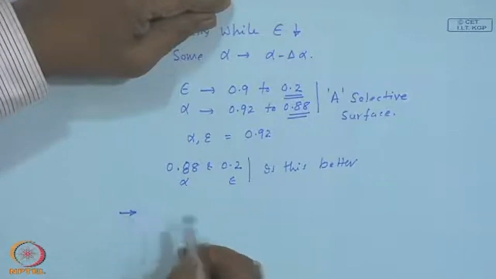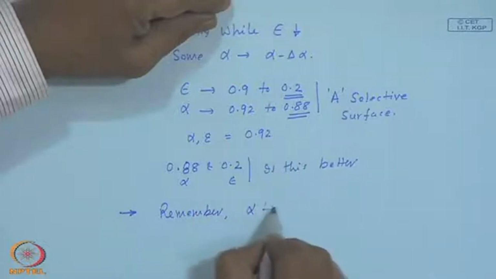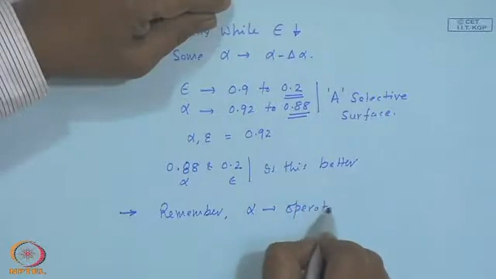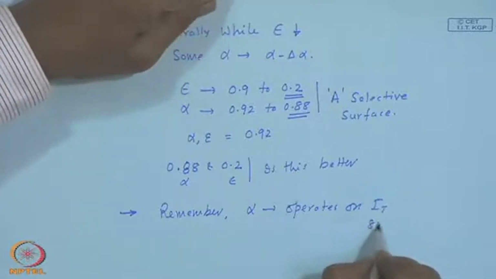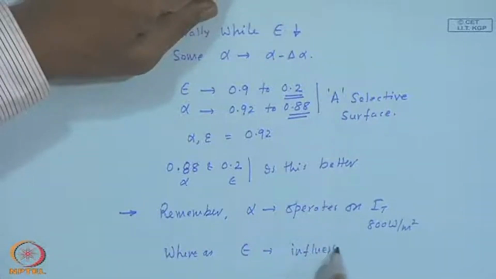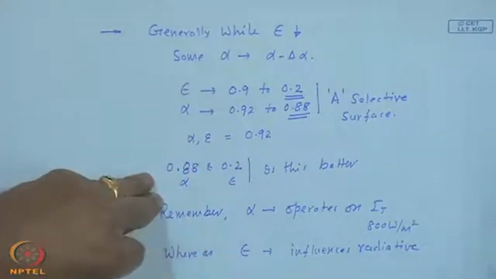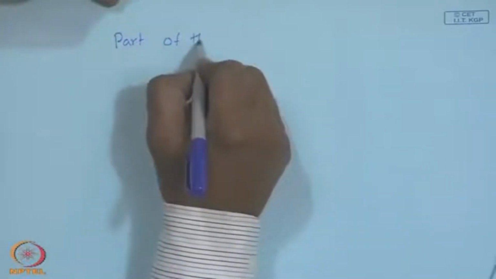But we do well if we remember that alpha operates on the incoming solar radiation, say 800 watts, whereas epsilon influences the radiative part of the losses.